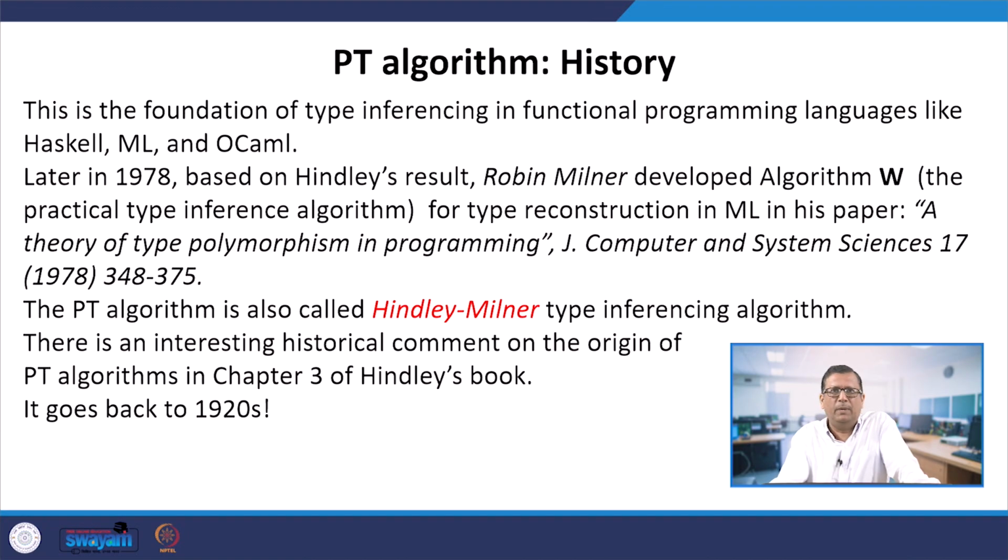The language ML was also invented by Milner and his colleagues, and ML is actually a class of languages. OCaml is also part of that. OCaml came from ML. So, the PT algorithm is also called the Hindley-Milner type inferencing algorithm.